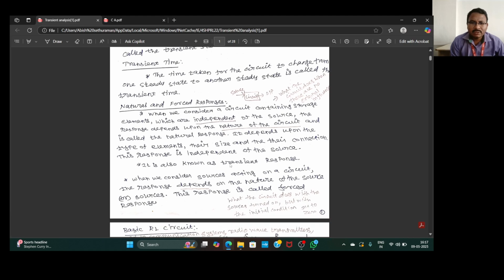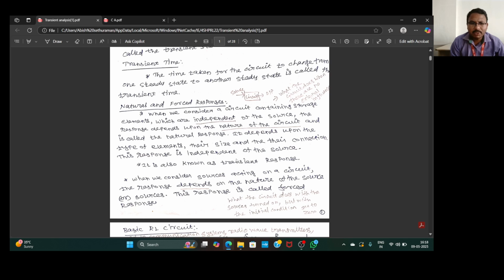quantities. Then natural and forced response should be defined. Natural response: when we consider a circuit containing storage elements which are independent of the source, the response depends upon the nature of the circuit and is called the natural response. It depends on the type of elements, their size and their connection.